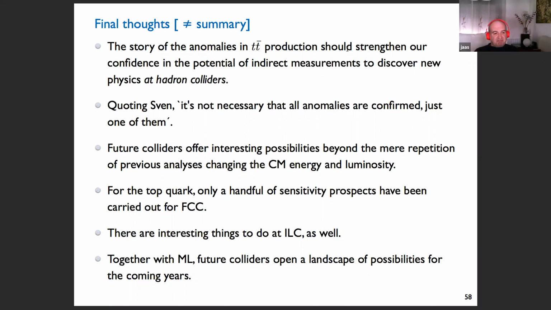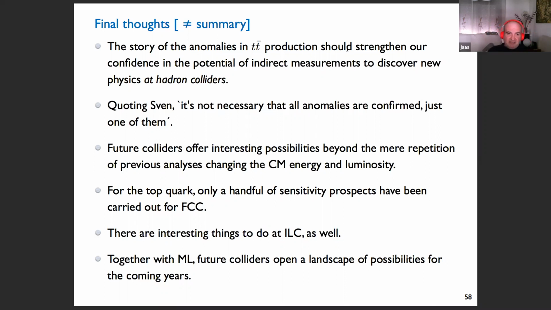What has happened with these anomalies and the study, and how the measurements can be refined and the predictions have been refined, make me quite certain that we are capable of seeing indirect signals of new physics at hadron colliders, not only at LHC. And quoting my chairman, it's not necessarily that all anomalies are confirmed, just one of them. So I'm not unhappy overall.